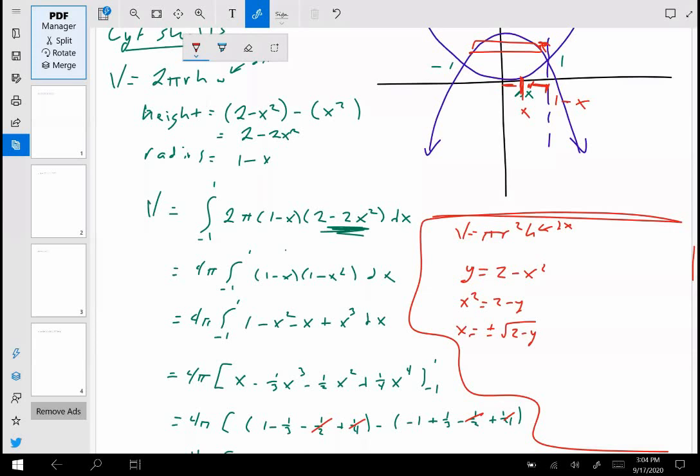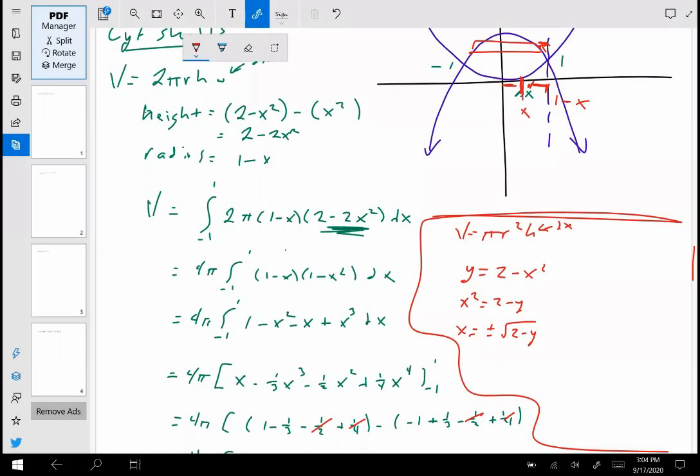So I have a choice. Do I want the positive or do I want the negative? Are the x coordinates positive or negative over here? So then I want the negative. When I do stuff on this side, I want the positive because the x coordinates are positive.